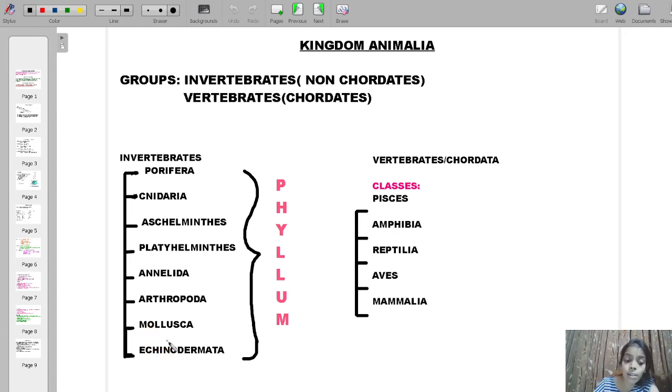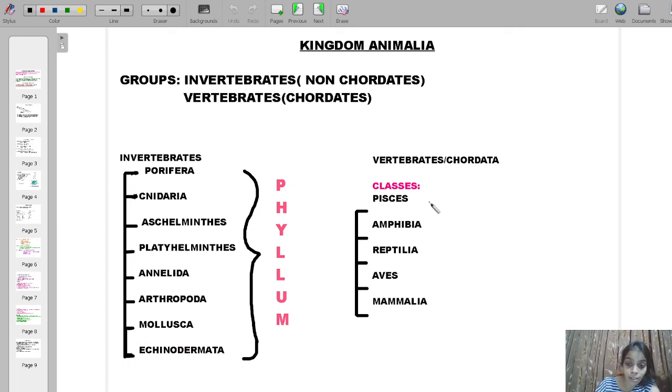So starting from Porifera, then comes Cnidaria, Aschelminthes, Platyhelminthes, Annelida, Arthropoda, Mollusca, Echinodermata. These are all invertebrate phyla.